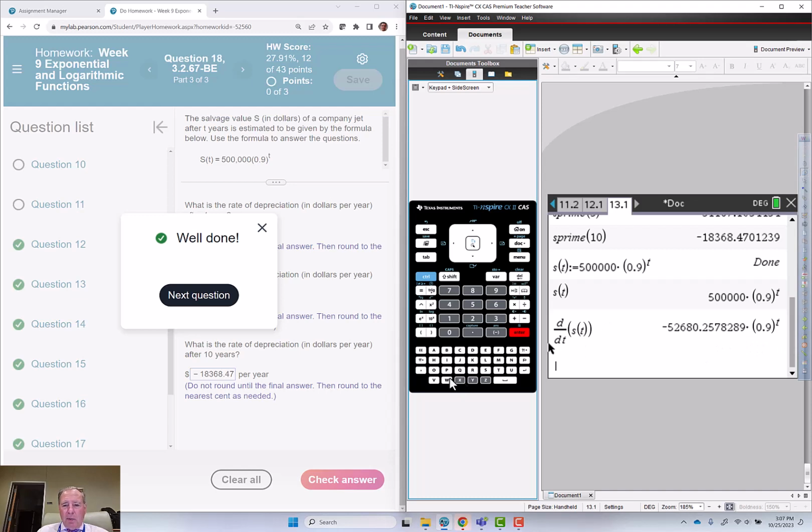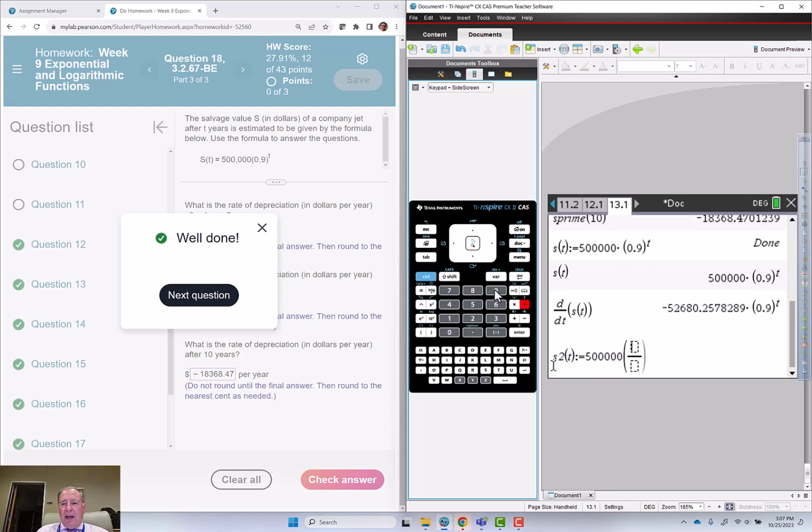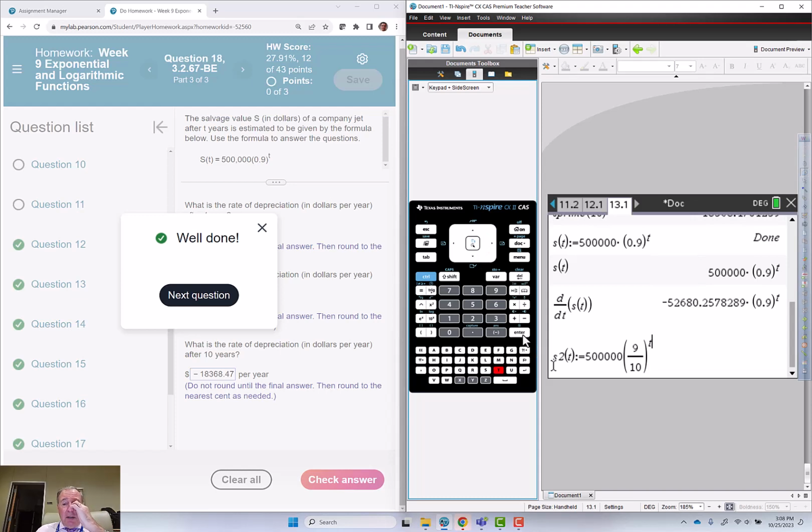I can go to S2 at t, control palette of math to get that such that symbol, and I'm going to put this in as 500, 1, 2, 3, then times, instead of 0.9, I'm going to do the fraction 9/10, and then get outside here and that to the power of t. It's the same thing, but I didn't use any decimal points.